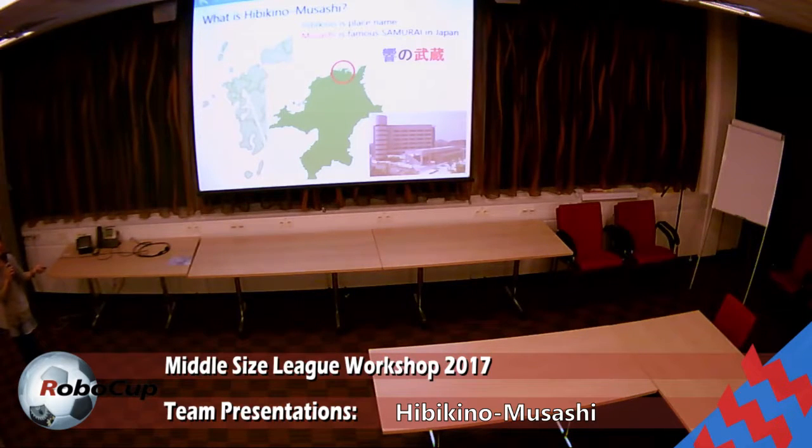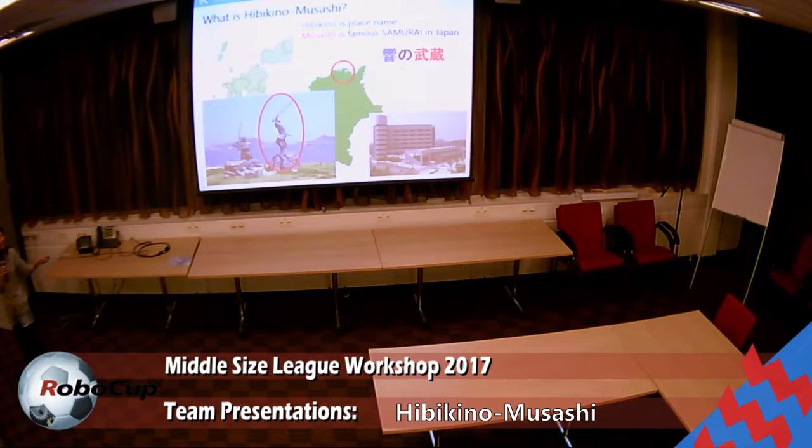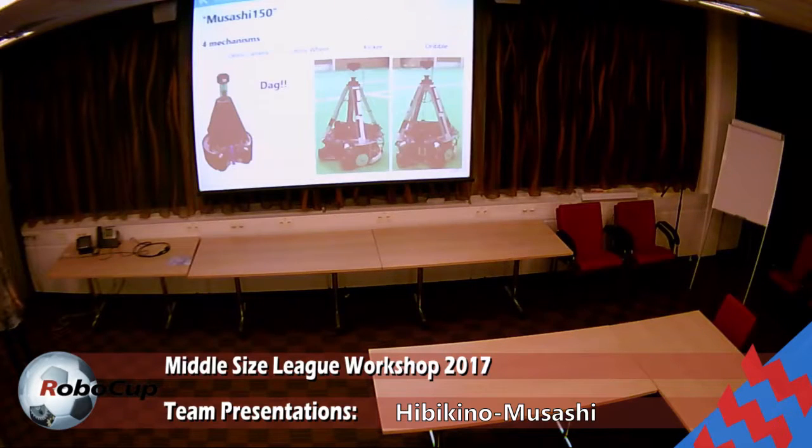And Musashi is a famous samurai in Japan, Miyamoto Musashi. So we take his name. And this one is our university. Okay, so I will talk about Hibikino Musashi's robots.